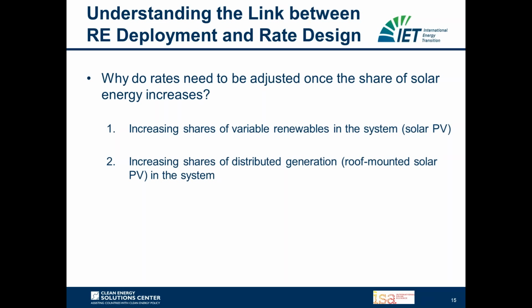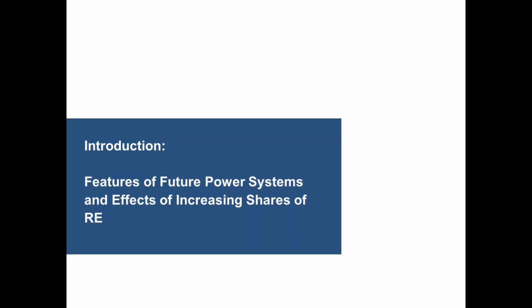And this also impacts rate design and puts additional requirements on how we design electricity rates in all jurisdictions around the world. So I just wanted to shortly look with you at these two aspects, so we keep in mind right from the start why we're actually doing this exercise of redesigning rates while the share of renewables is increasing. So let's first take a look at the impact of variable renewables on power systems altogether.